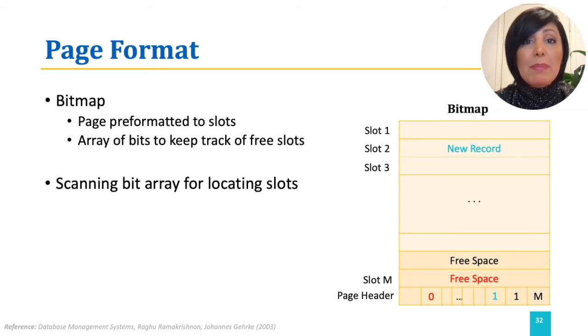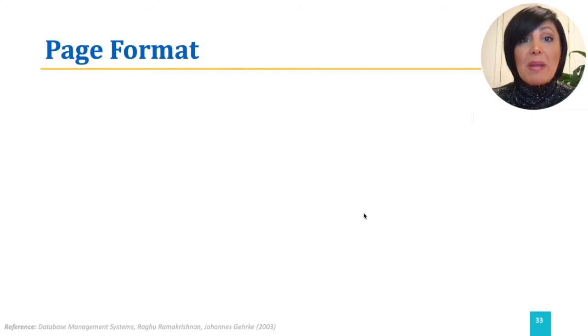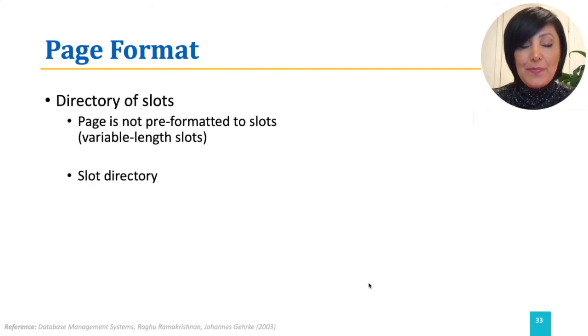Packed and bitmap approaches can only be used for fixed length records with slotted pages. We can also use a directory of slots for maintaining the space on a page. This is particularly useful for variable length records. For variable length records, it is not effective to divide pages into a collection of fixed length slots. Finding a space to fit a record is not as simple as picking an empty fixed size slot then.